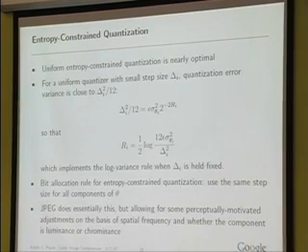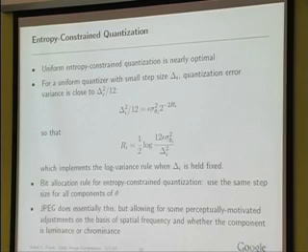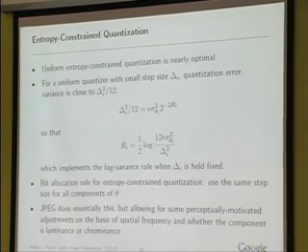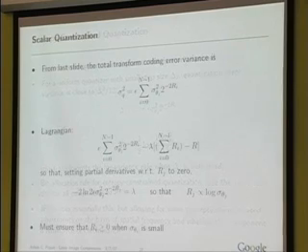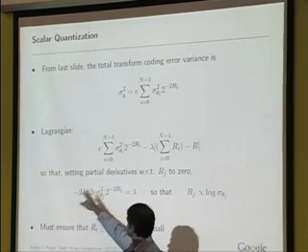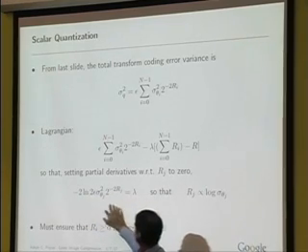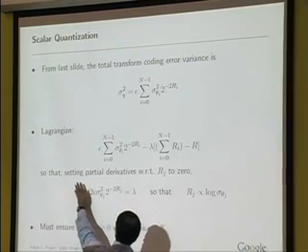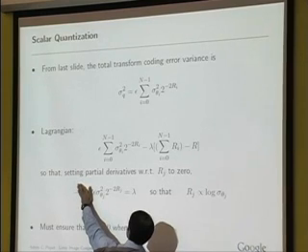The nice thing about this is if I just use the same step size for all my coefficients, and if we go back and look at this rule that I had, then I actually implement this. Because what this says is that my quantization error, which is everything but for that quantity, should be constant.